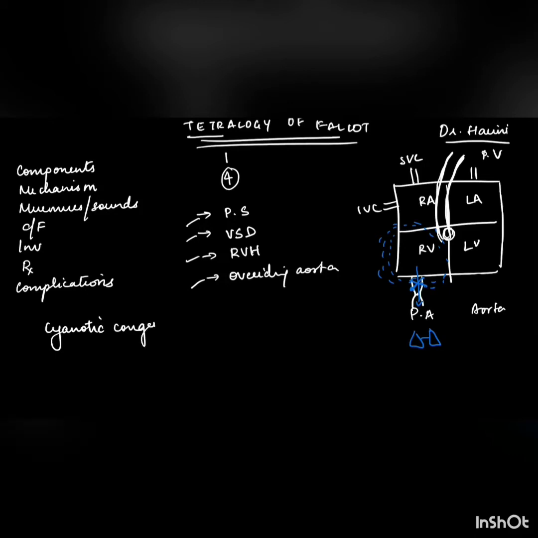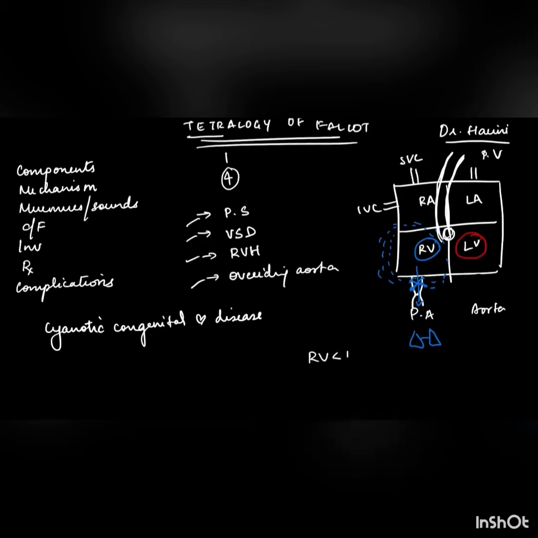So these are the 4 components of tetralogy of Fallot, and it is a cyanotic congenital heart disease, and by that we mean that there's mixing of deoxygenated blood with the oxygenated blood. We know that the left ventricle contains oxygenated blood and the right ventricle contains deoxygenated blood. And in a normal setup, the right ventricular pressure is lesser than the left ventricular pressure.